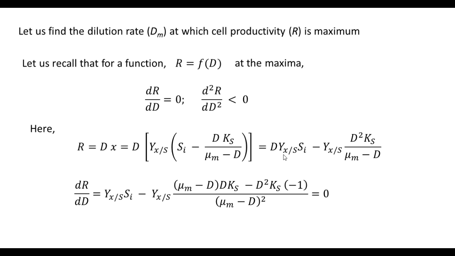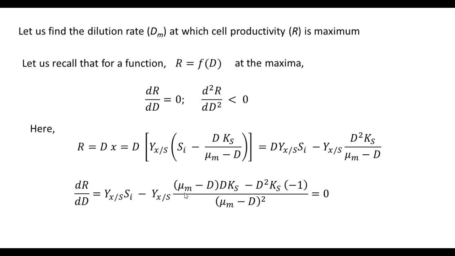and therefore dR/dD, the derivative of R with respect to D, would be like this. The first term is quite straightforward, the D would drop out, Y_XS Si remain, they are not functions of D. And in the second term, you have a D in the numerator and a D in the denominator, and if you take Y_XS common out here, you can use the a by b form: denominator into derivative of the numerator function minus the numerator into derivative of the denominator function, divided by the denominator function squared.